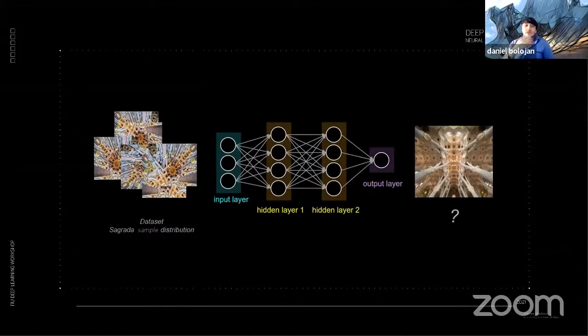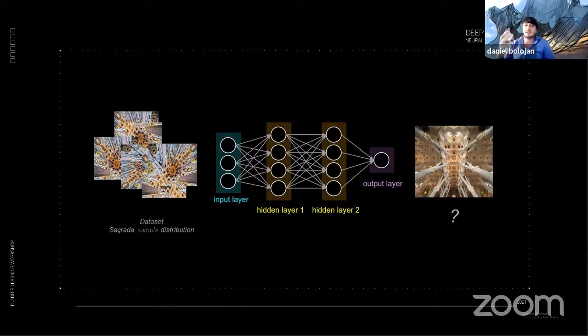But quite often, you want a model capable of generating new samples or new images. So you give it a number of images from a particular sample distribution, and you want it to give you more samples from the same distribution.